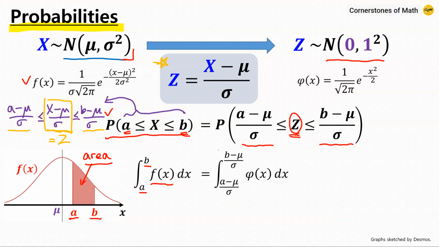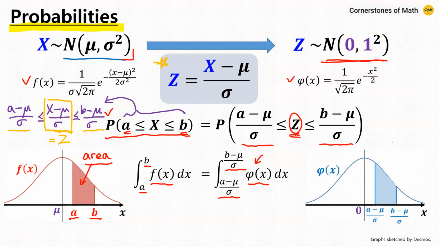In an integral form, it is equal to the integral of phi(x) from (a minus mu) over sigma to (b minus mu) over sigma, where this phi(x) is the probability density function of a standard normal distribution. And of course, the geometrical interpretation is that it is the area under the curve of phi(x) from (a minus mu) over sigma to (b minus mu) over sigma.